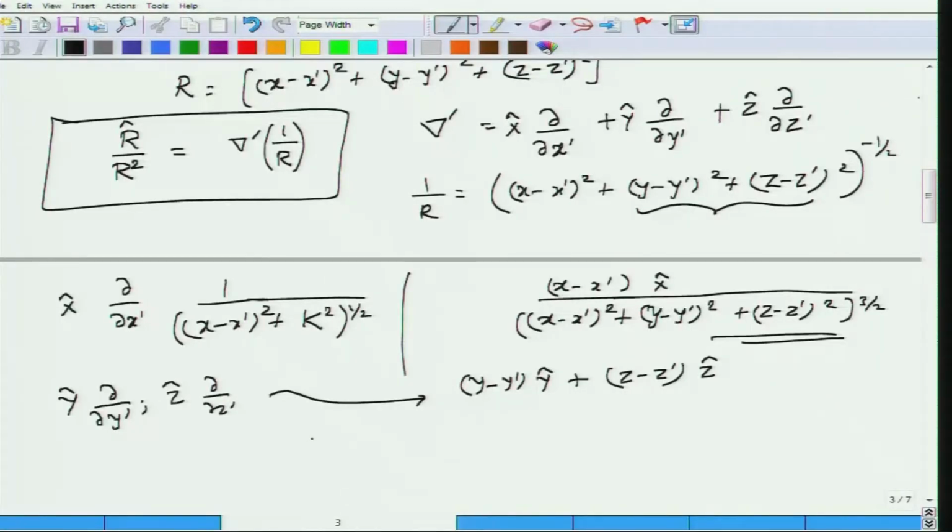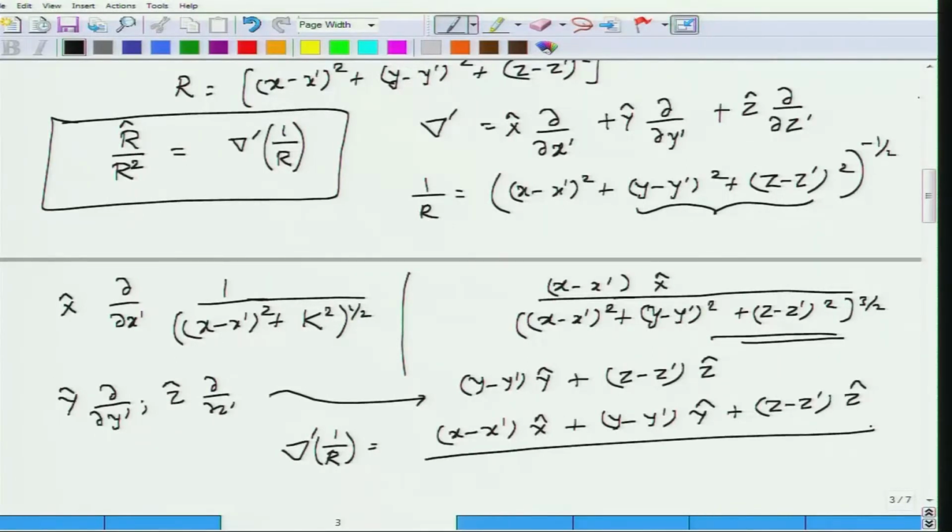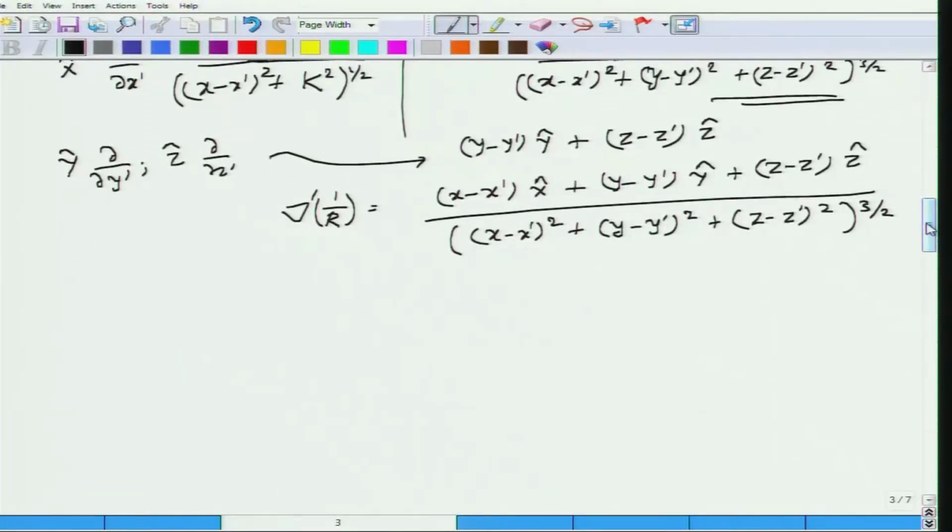Now collecting all these three terms, you can see that del prime of 1 by r is actually given by x minus x prime x hat plus y minus y prime y hat plus z minus z prime z hat divided by this fellow in the denominator, which is x minus x prime square plus y minus y prime square plus z minus z prime square to the power 3 by 2, right, and you can easily see that this expression of the vector that we have on the right hand side is nothing but r minus r prime divided by r minus r prime magnitude cubed, which, after you factor out, you can write as r hat divided by r square, where r is the vector r minus r prime, right.